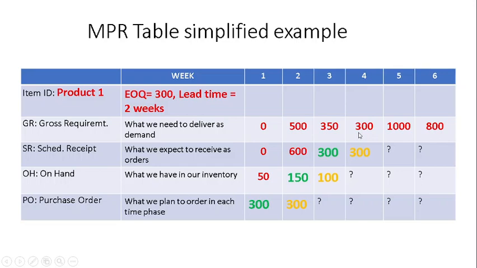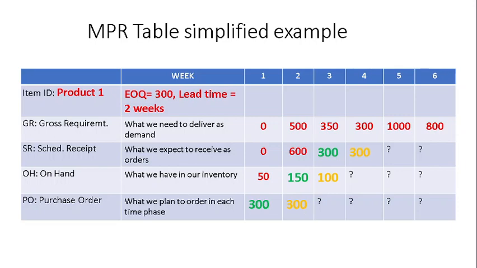I see that I'm going to need 300 items. I will check whether the items in my inventory on hand can fulfill that. I see that I also need an extra 200, so I need to place an order. And as before, I need to place the order 2 weeks before. But as we said also, I cannot order 200.